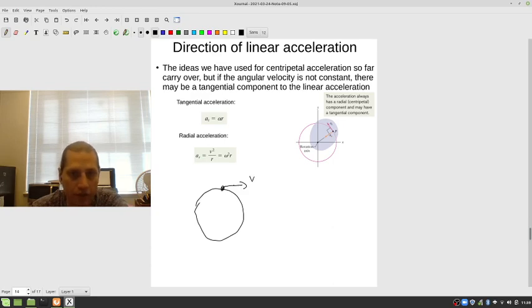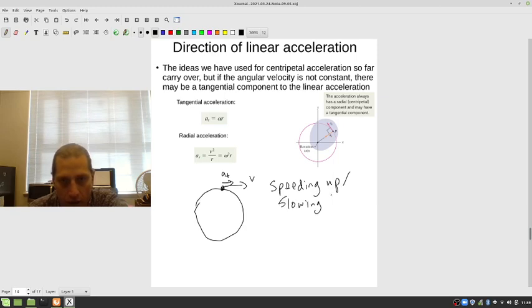So you would have v in that direction, and you could have an acceleration in that direction if you're getting faster. So the tangential acceleration is speeding up or slowing down. And so that would be just alpha times r.